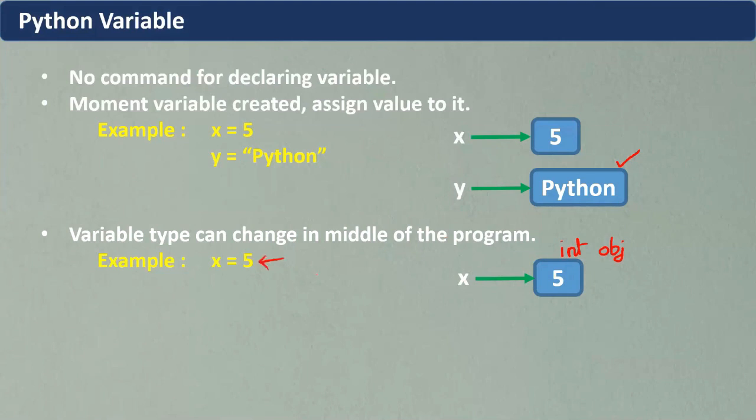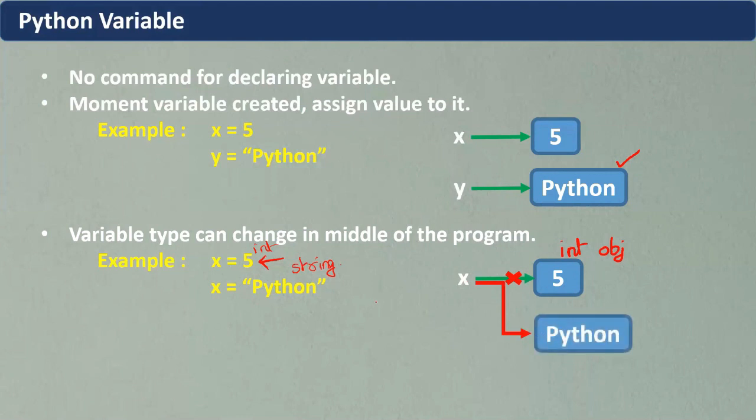After this line, now let us see what is going to happen next. You write x equal to "Python". That means we are trying to assign a different value, but this is an integer, and this is a string. Is it possible in other programming languages? Now whenever you write like this, this binding is going to be removed and a new binding is going to happen to this Python. Is it clear?